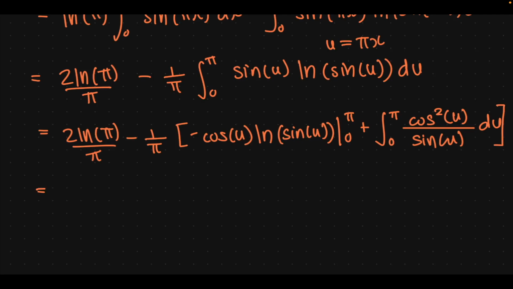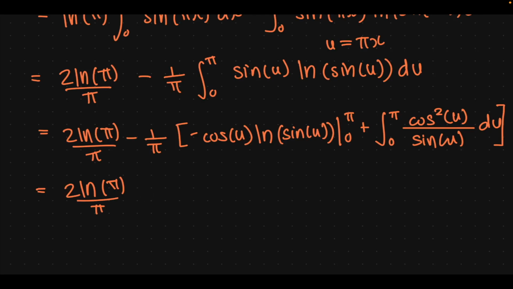And that's good. We can simplify the first guy nicely. We get 2 ln pi over pi plus 1 over pi, and then cosine of pi is minus 1, sine of pi is 0, so we'll have to take care of that case. Same with the one in the 0. But let's just keep that term for now.